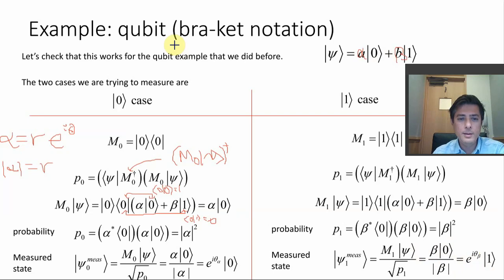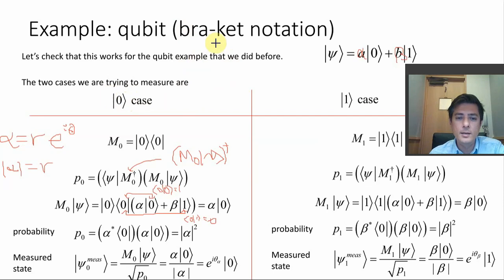And by the way, you might be wondering, what's this bracket notation? This notation that I've been using, where the vectors are in this angular thing, is so-called bracket notation, because it's essentially another way to call these states.